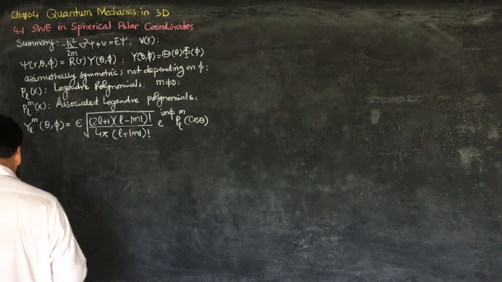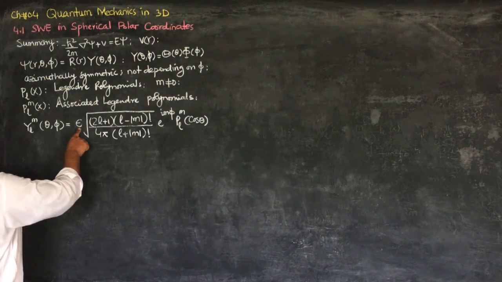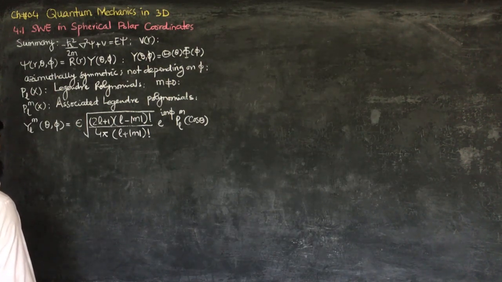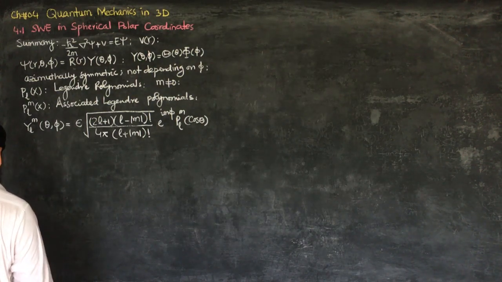This was the final solution, where ε was (−1)^m for m greater than 0, meaning m positive, and equal to 1 when m is negative.